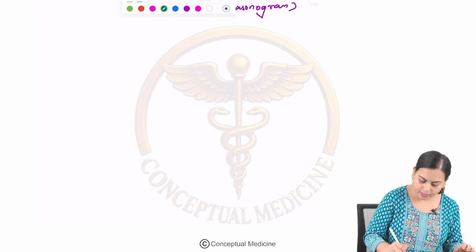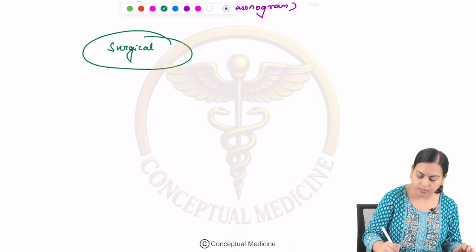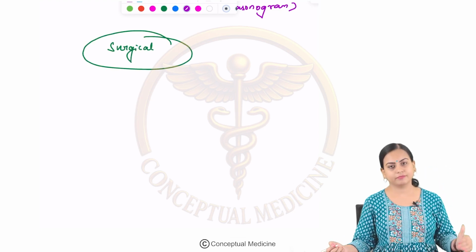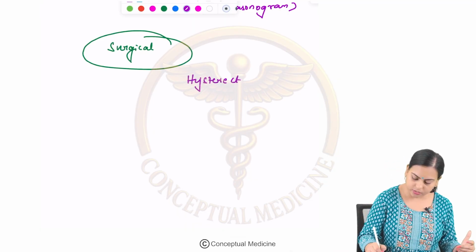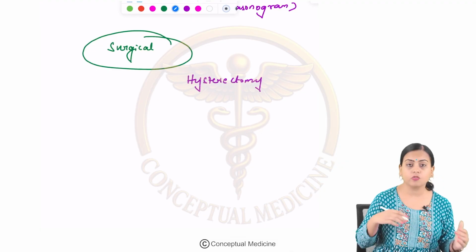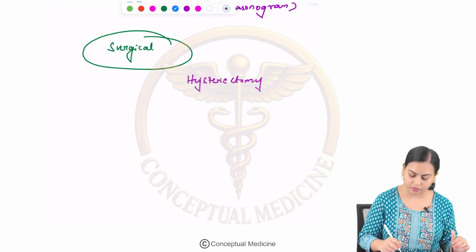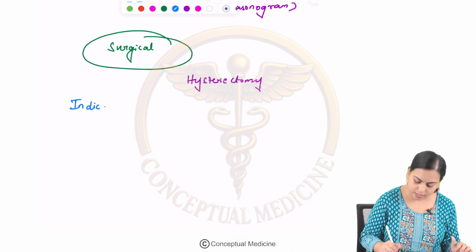And finally, if you go for proper surgical management, you can offer them hysterectomy. Okay. So, hysterectomy can be offered, but you should know when you should offer them hysterectomy. What are the indications?